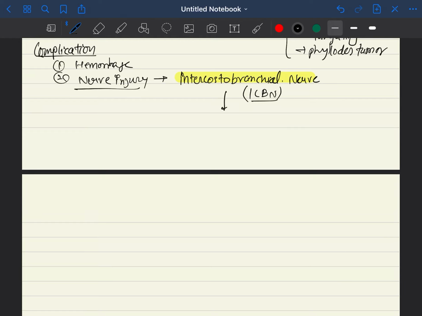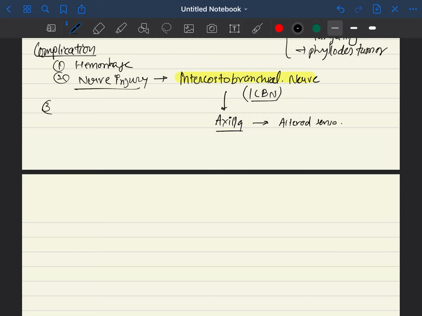What it does, it supplies the axilla. So after surgery, a patient can come to you with altered sensation in the axilla, in the underarm.